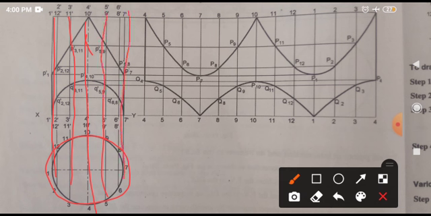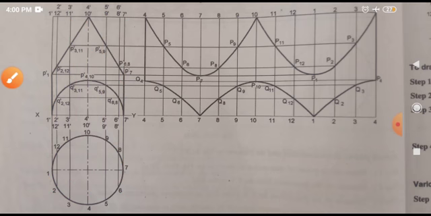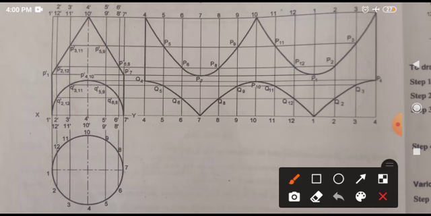After taking all this projection, again by using a roller scale, shift this projection. You have to take the projection of 1 to P1.